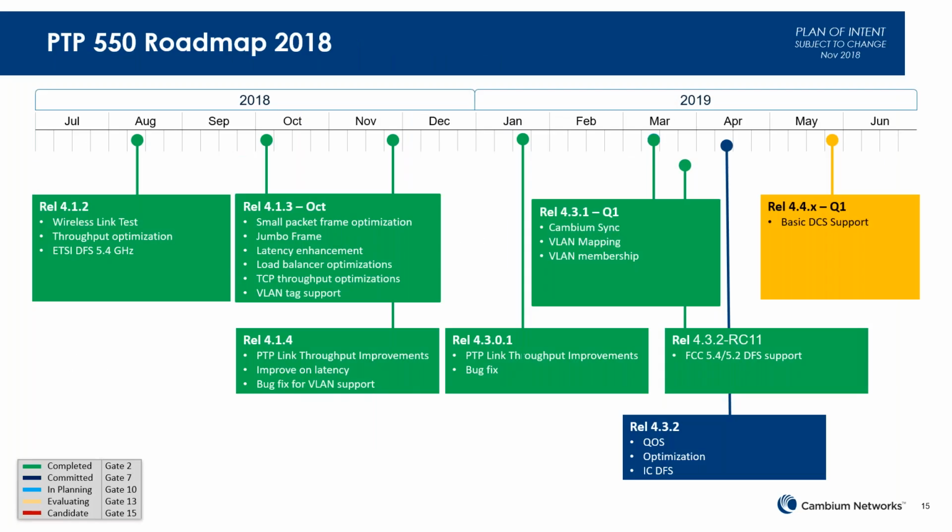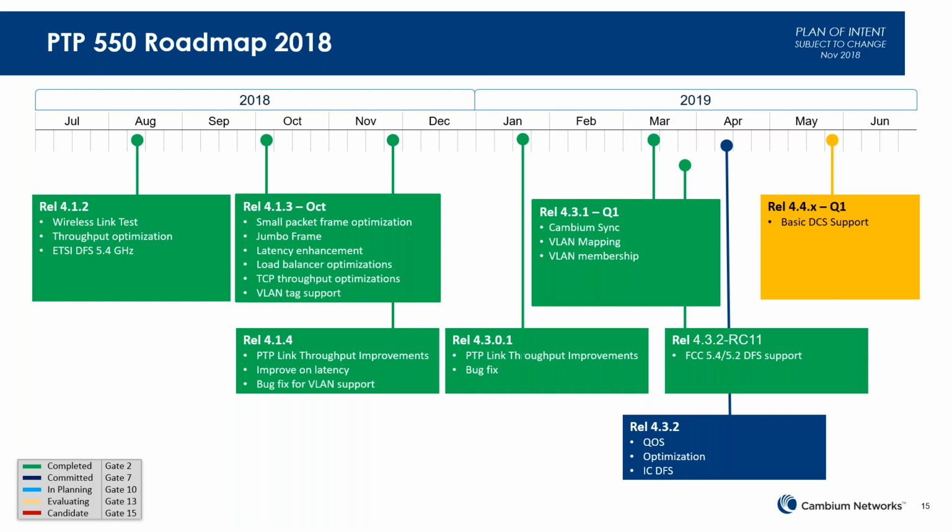Next, I want to recap the roadmap here. We have 4.3.1 published on the support web page, and you should be able to see 4.3.2 also there. What we add in 4.3.2 is FCC DFS, and we also have the IC DFS just granted, which will be published very soon.